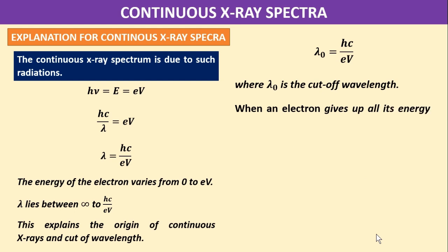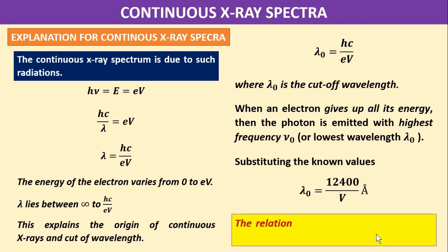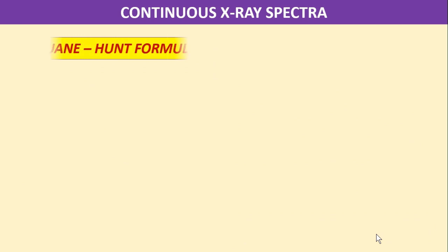When an electron gives up all its energy, then the photon is emitted with the highest frequency nu naught or the lowest wavelength lambda naught. Substituting the values of h, c and e, we get lambda naught equal to 12,400 by V Angstrom. The relation given by this equation is known as the Duane-Hunt formula. Duane-Hunt formula: lambda naught equals hc by eV.